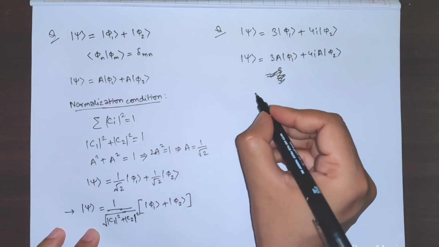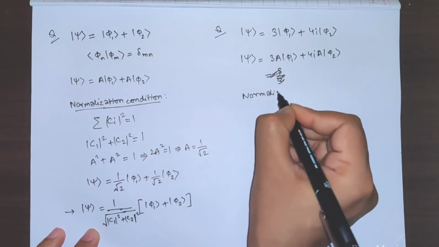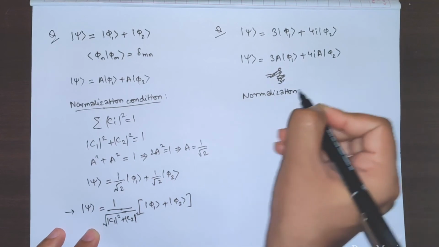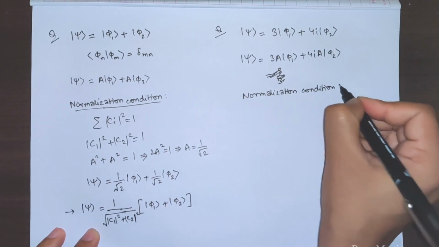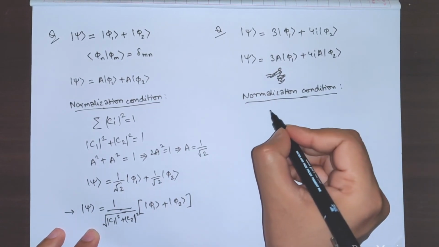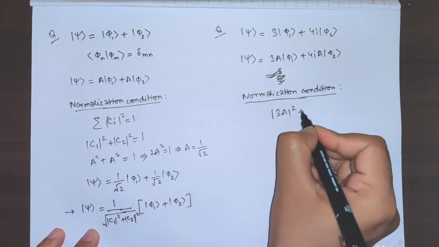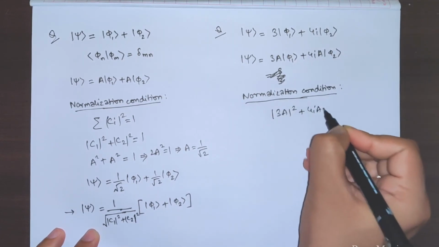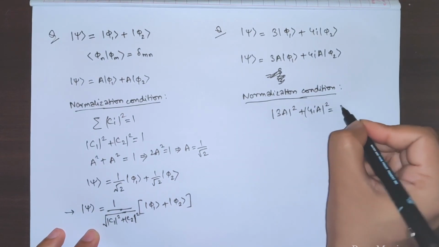The normalization condition is |3a| squared plus |4ia| squared is equal to 1.